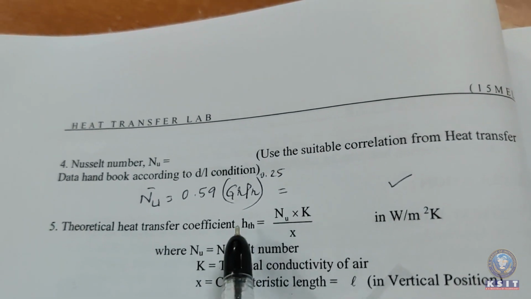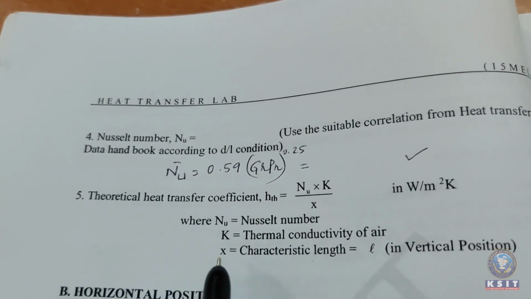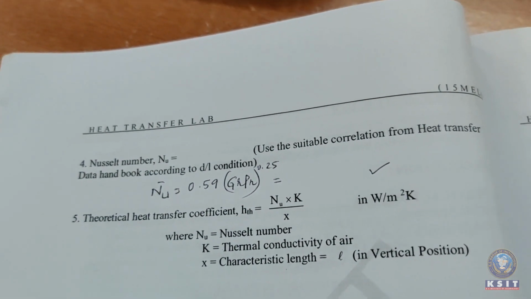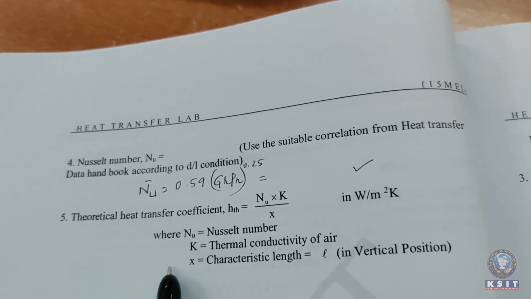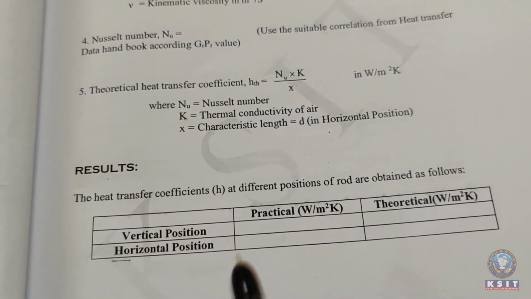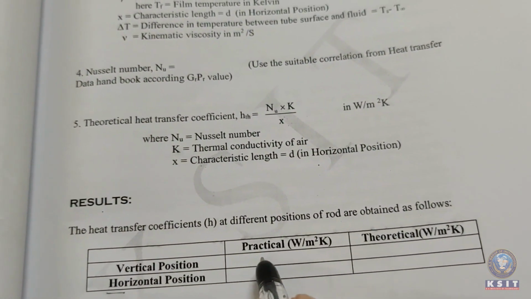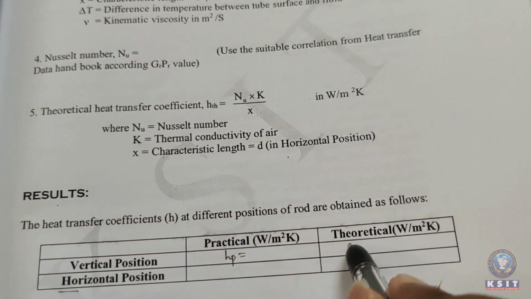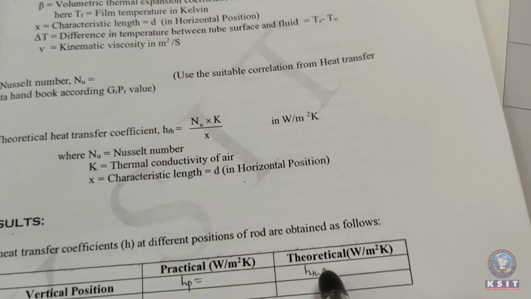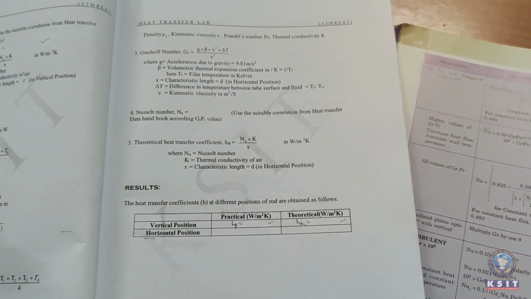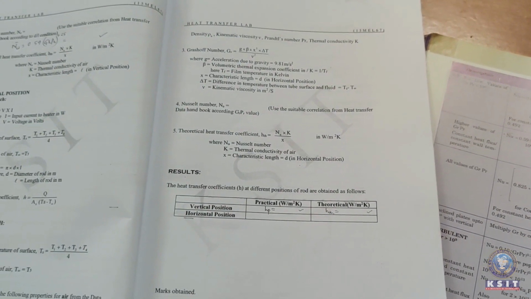Using this we can find out h theoretical. Please remember the h practical and h theoretical values for the rod in vertical position, and go to the results and fill these two values. What we are filling now is the vertical position, h practical value hp, and h theoretical value. So this much is the calculations to be done for vertical position.